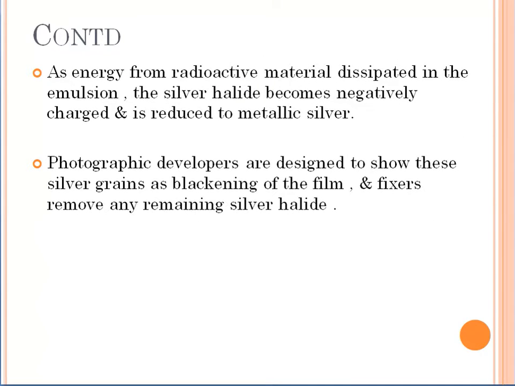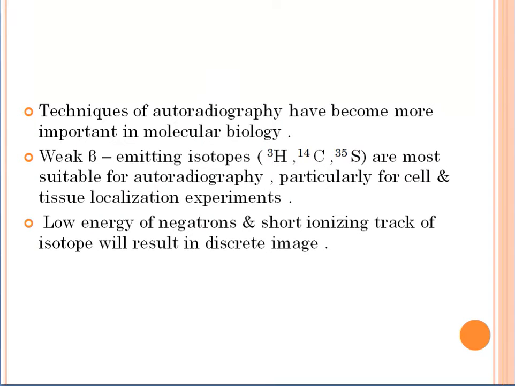As energy from the radioactive material is deposited in the emulsion, the silver halide is reduced to metallic silver. Photographic developers are designed to show the silver grains as black layers on the film, and fixers remove any remaining silver halide. The technique of autoradiography has become more important, especially in molecular biology.